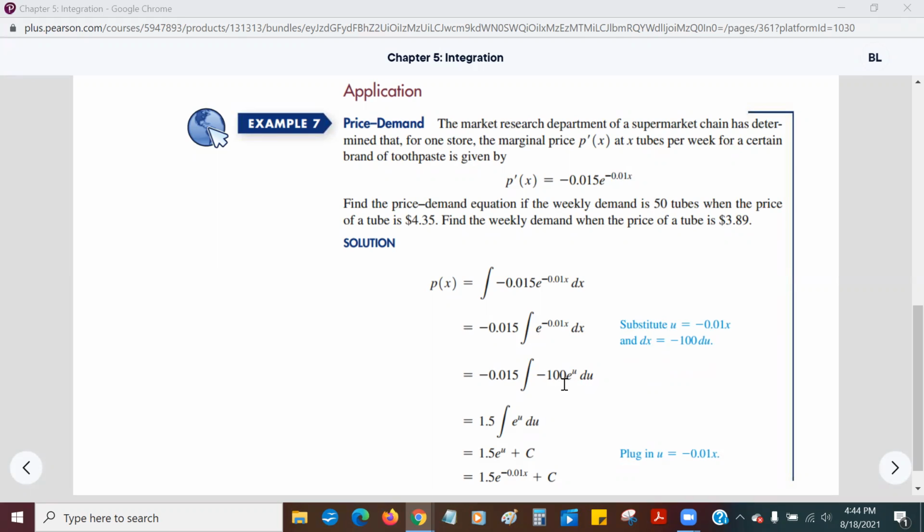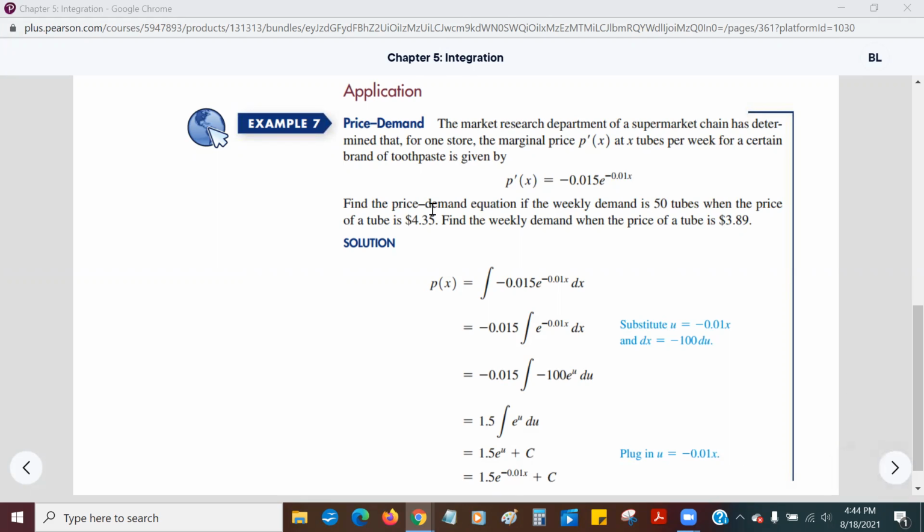I bring the negative 100 out, and when I multiply them, the negatives cancel out, and this becomes 1.5 times the integral of e to the u du. The integral of e to the u is just e to the u, so it's 1.5 e to the u plus c. Now I back substitute because u is equal to negative 0.01x, and of course I have the plus c. And that is how we do it.